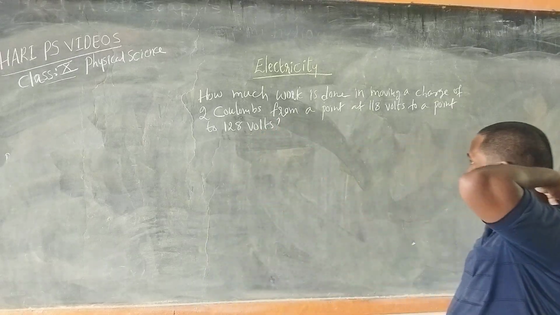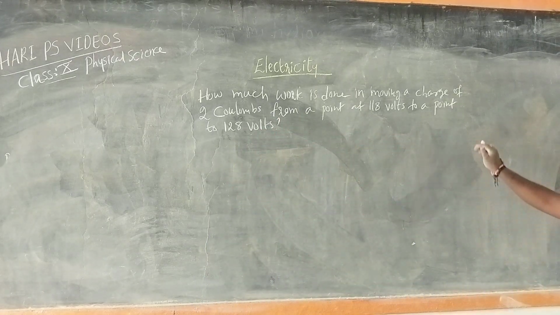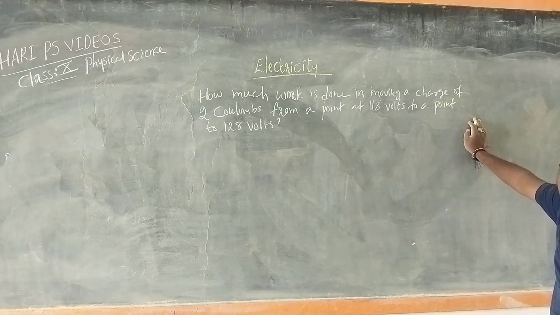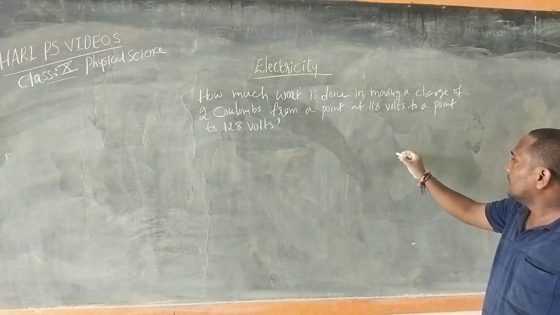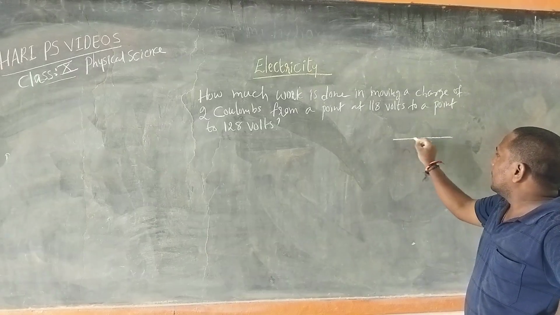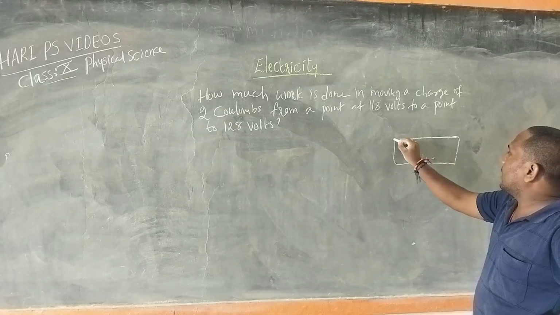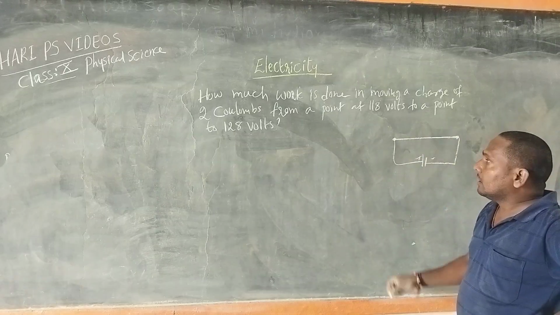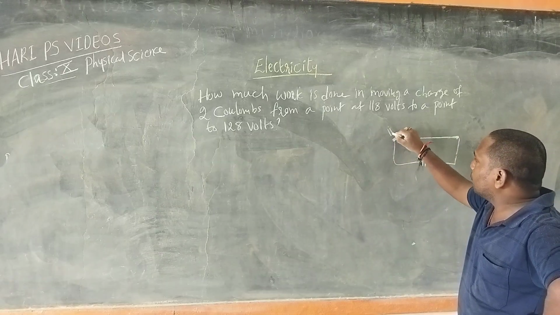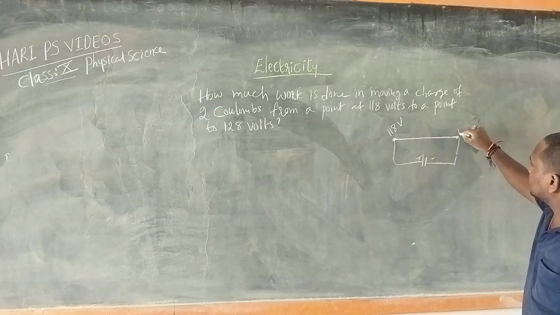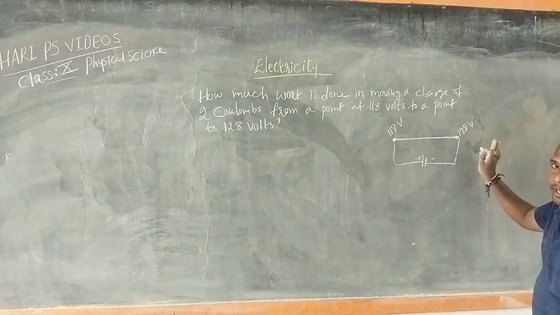So a conductor is connected. This is the initial point, 118 volts, and this is the other point, 128 volts.